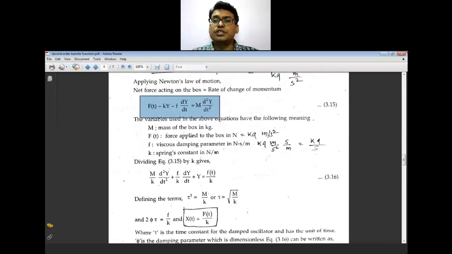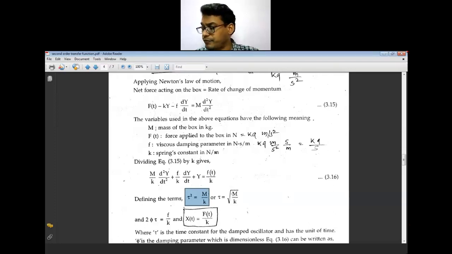The variables used in the above equation, okay, right? So dividing this by the k factor, we get m upon k, f upon k and F(t) upon k. Now tau square is represented by m upon k, or tau is equal to the square root of m upon k.